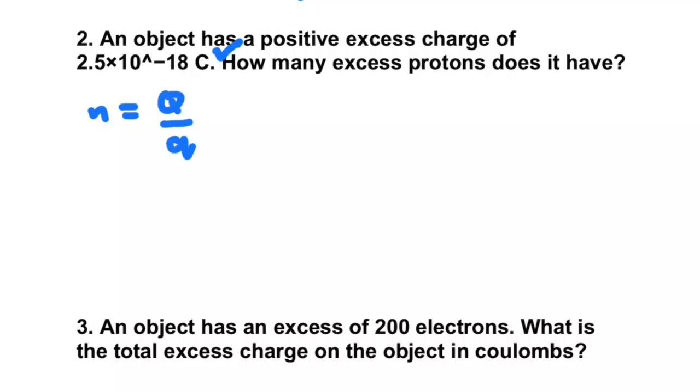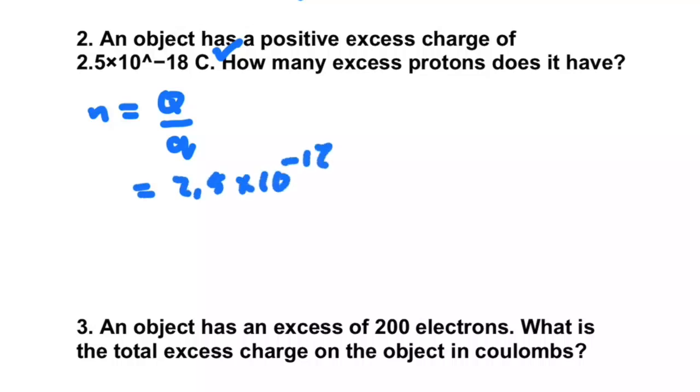The charge of an electron is minus 1.6 times 10 to the minus 19. And that of a proton is plus 1.6 times 10 to the minus 19.